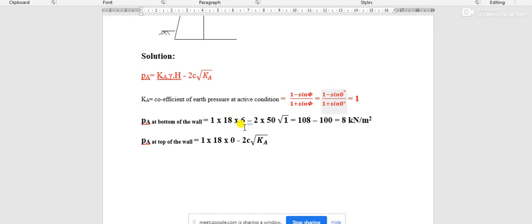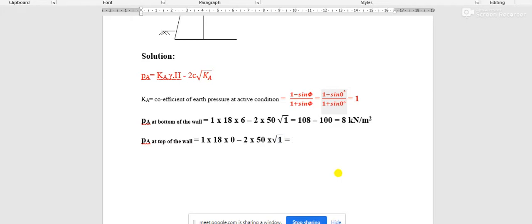Here the value of the depth of soil at the bottom of the wall is 6 meter, but at the top of the wall this one is 0. This is 50 multiplied by root over of Ka, and the value of Ka is 1.